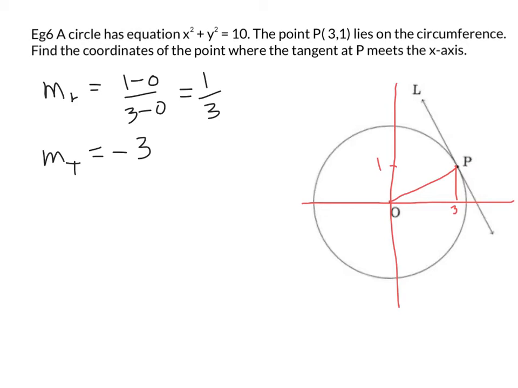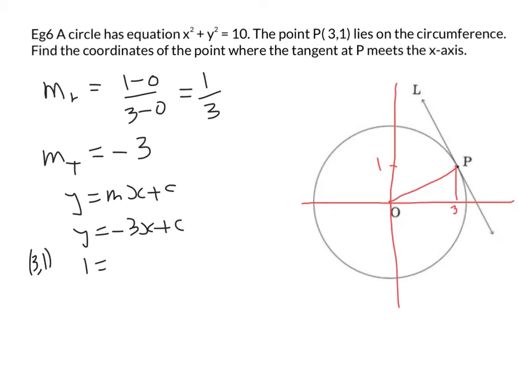So that means the tangent is going to be y equals mx plus c, or y equals minus 3x plus c. How do we find out the c? Well, we have to substitute in a point that is on the line, and that's this point P, 3, 1. So we put 3, 1 into the equation.